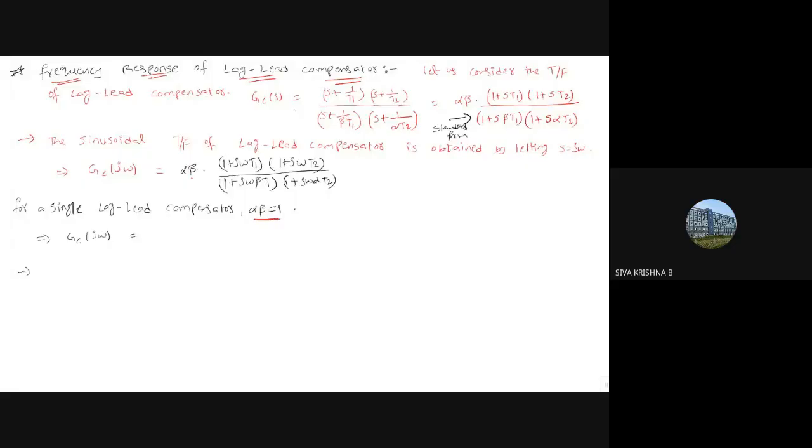So replace that one: 1 into 1 plus JWT1, 1 plus JWT2, whole by 1 plus JW beta T1 and 1 plus JW alpha T2.